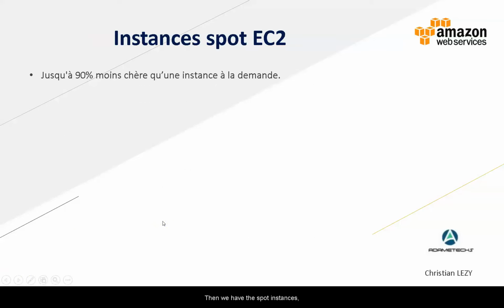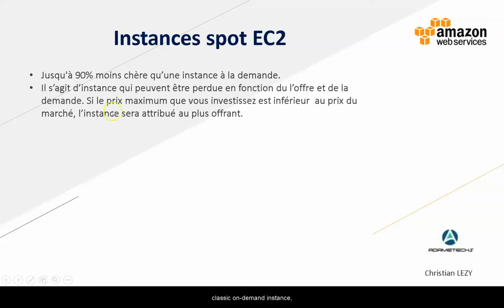Then we have the spot instances. They allow up to 90% of savings compared to a classic on-demand instance. However, these instances can be lost according to supply and demand. If the maximum price you invest is lower than the market price, the instance will be awarded to the highest bidder.